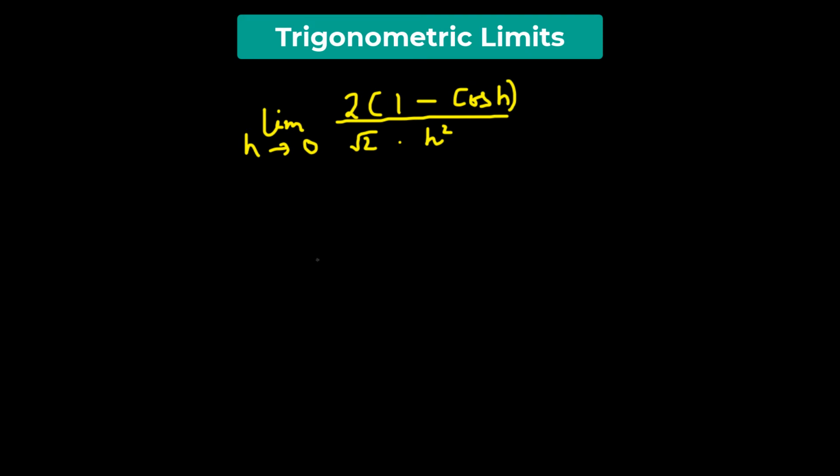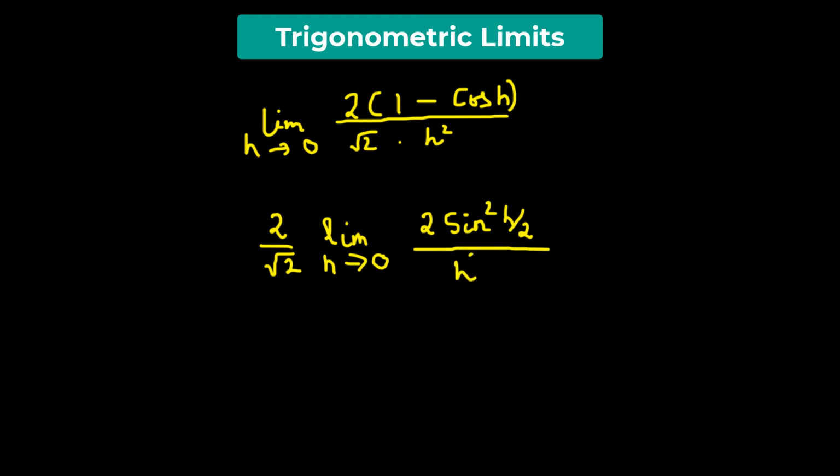So we have 2 over root 2 times limit h approaching 0. Now 1 minus cosine of h can be replaced by 2 times sine squared h over 2, divided by h squared.